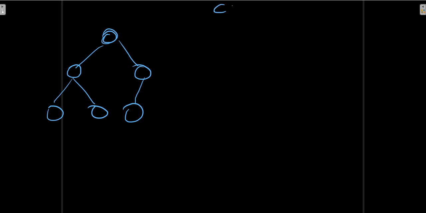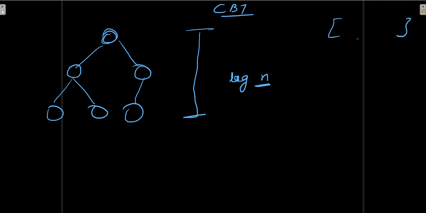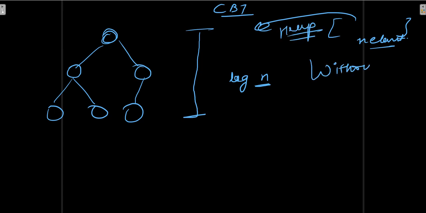Now let's suppose we have elements over here, and like we all know the depth is log of n, if n is the number of elements in the array we are trying to convert into a heap. Without heapify, the time complexity goes to n log n, and the depth of the tree also becomes log n.